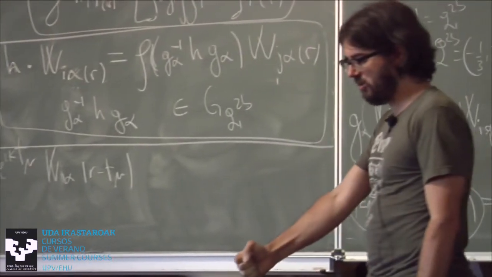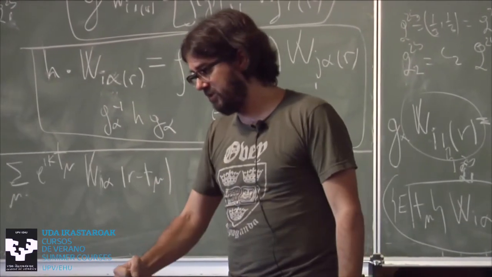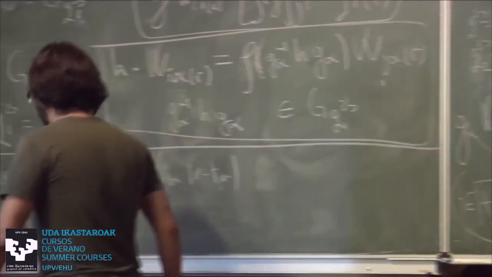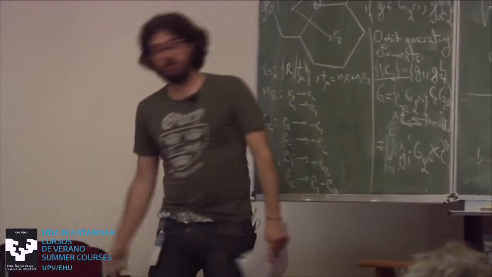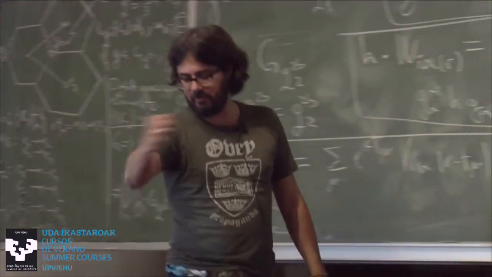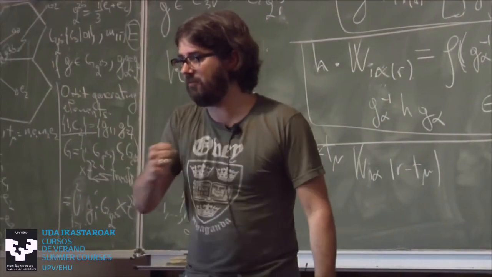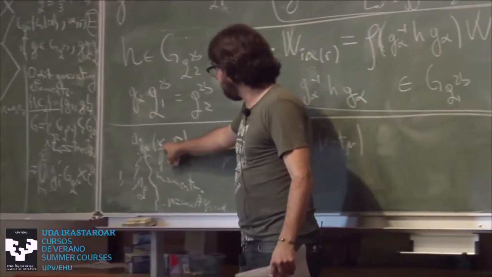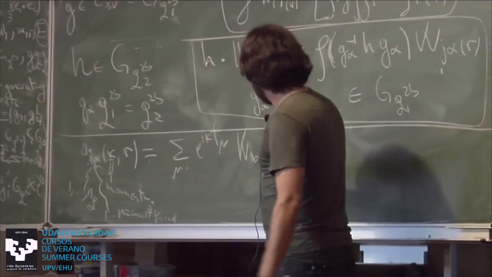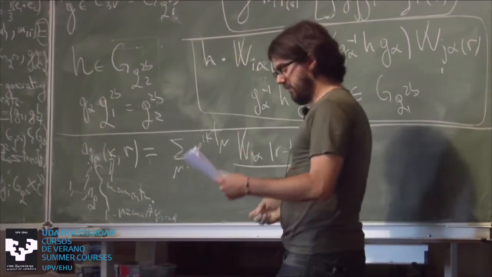If I know them at one position, I can use group theory. I know them at one position because I have the representation of the site symmetry group. I know them at all Wyckoff positions in the unit cell, and then I just translate them everywhere. I form a band. This is the k momentum Fourier transform of the orbitals in real space.